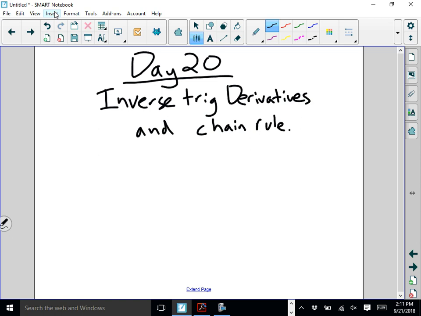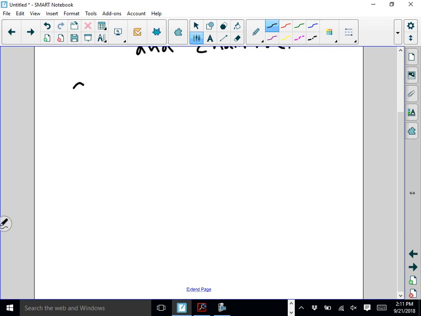So, first, is the derivative of the arcsine of x. Now, this notation is not my favorite notation because usually when we write a little exponent in between the sine or the trig function and x, it means sine of x to that power. That's always true except for in this case.